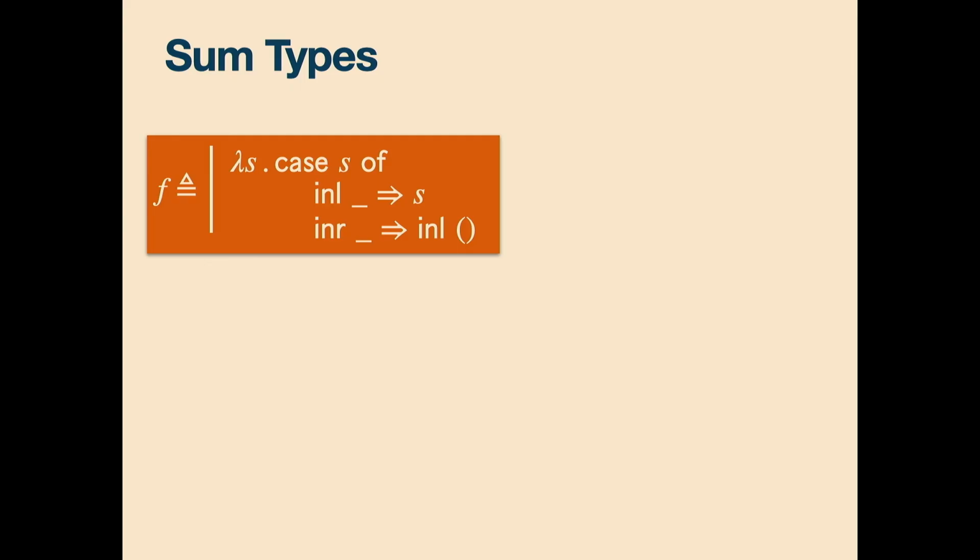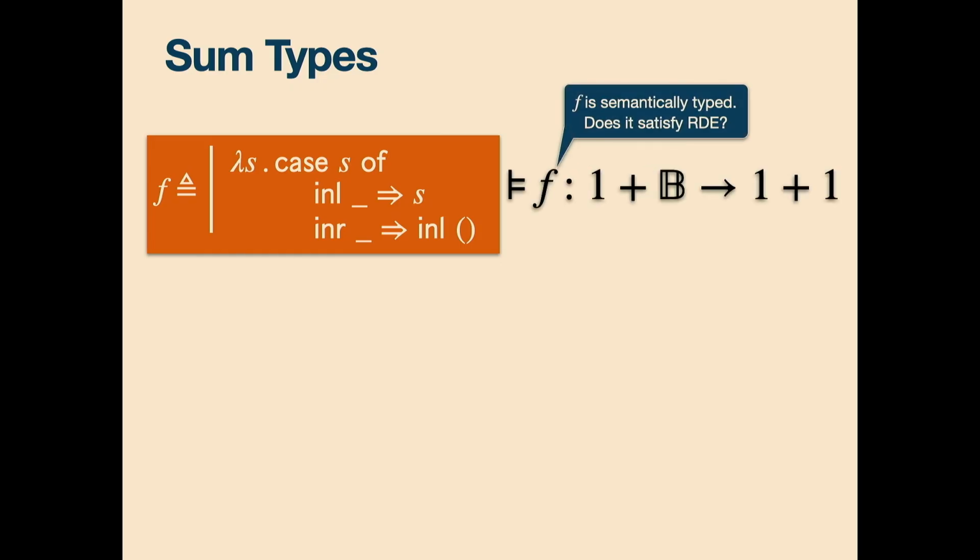If it's an inleft, then it returns the same sum. Otherwise, it returns an inleft of unit. So this function f is semantically typed to this type: given a sum of unit and Boolean, it returns a sum of unit and unit.